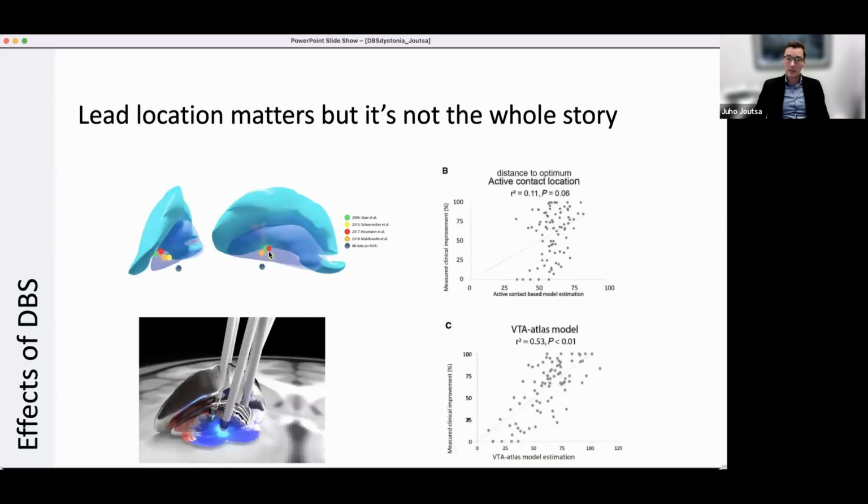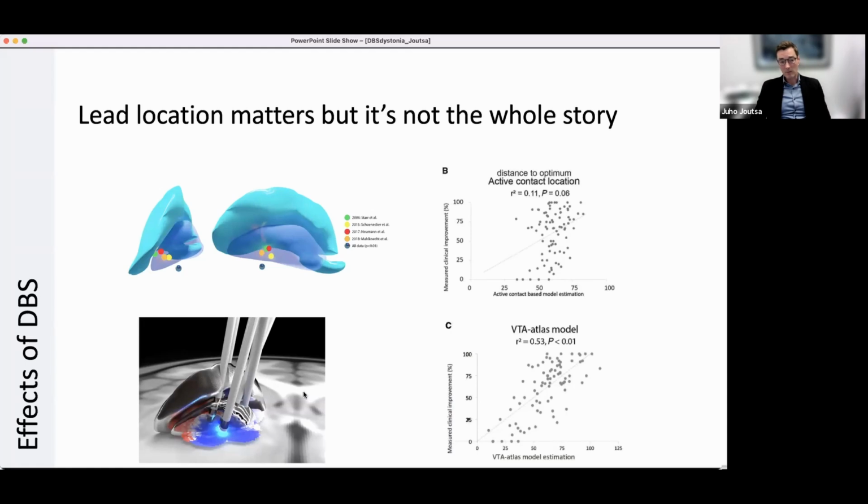So first of all, looking at the exact sites where the stimulation active electrodes were, and comparing the patients, the distance between the optimal spot and the patient's active stimulation site, they showed that there's quite poor association between the simple distance from what would be an optimal site.